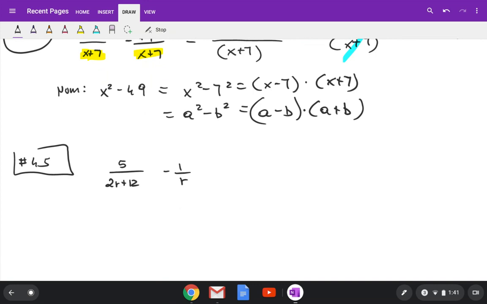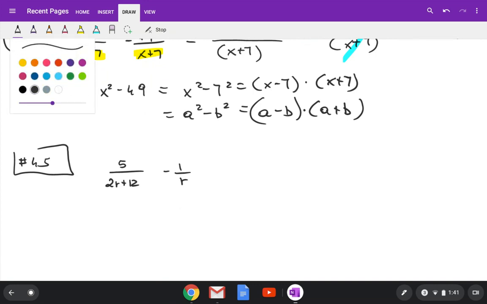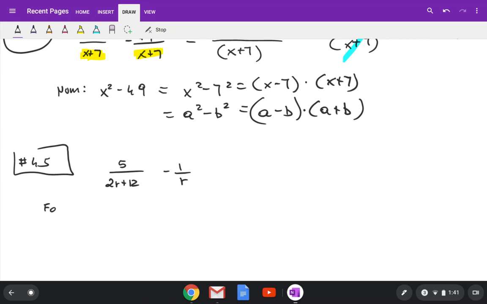So first, what I'm going to do, I'm going to factor each denominator. So we have 2r plus 12. You're going to factor 2 out, which is the GCF, and we end up with 2 times r plus 6.